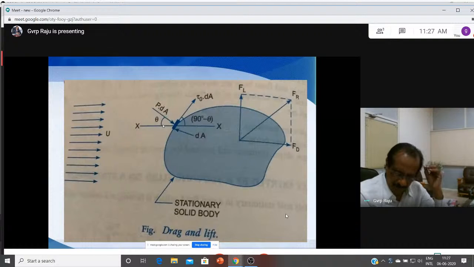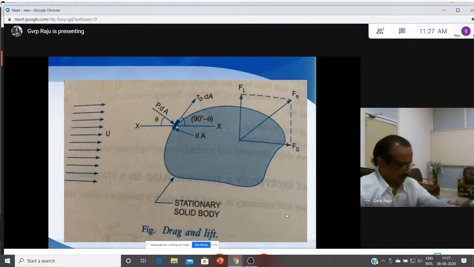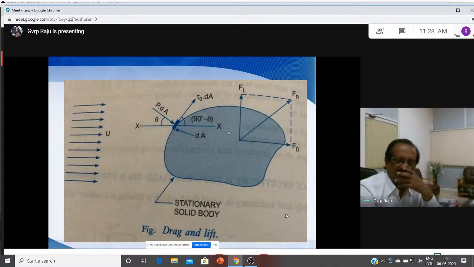So this is drag force, and similarly lift force. So lift force is, take the lift force here.